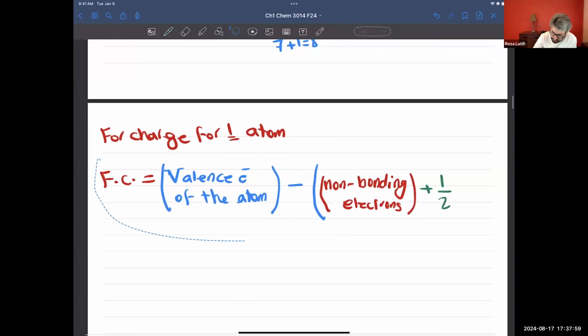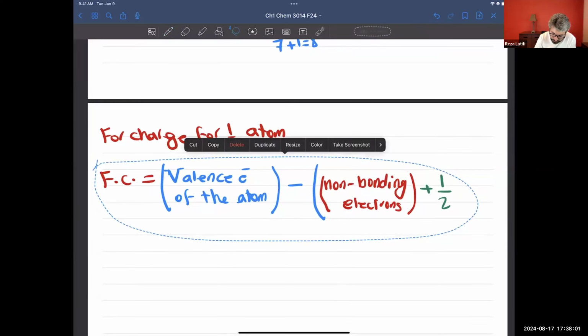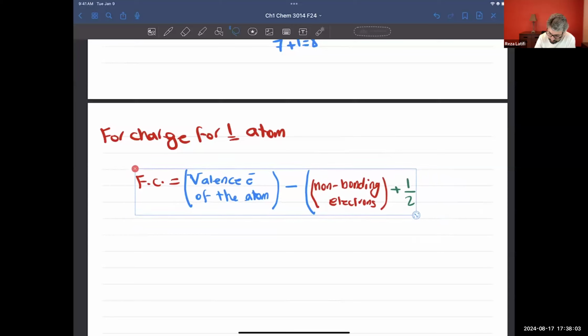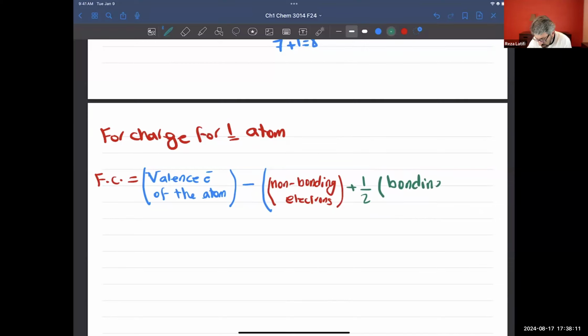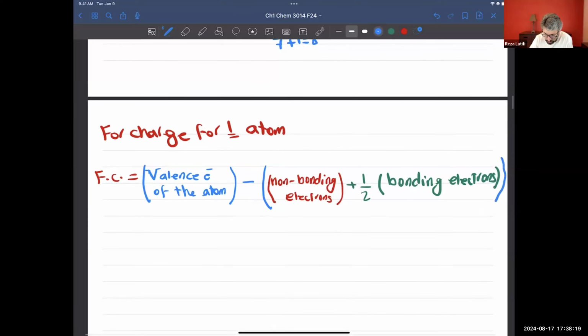I need more space, so let me shrink those.